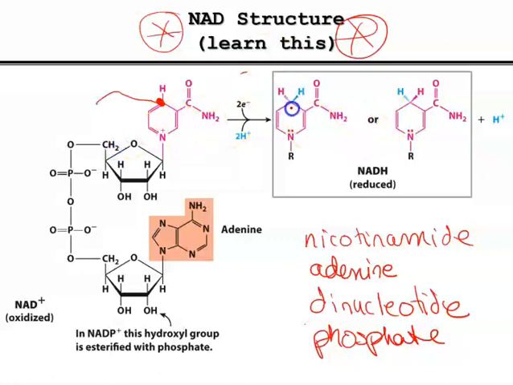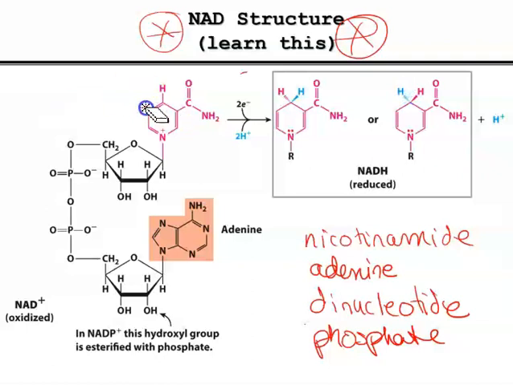When this hydrogen is added, it can be added either to the Si face or the Re face. So maybe this is making some bells ring for you from organic chemistry as far as stereochemistry of reactions, adding to the front face or the back face of a plane. Enzymes are very particular about their stereochemistry.